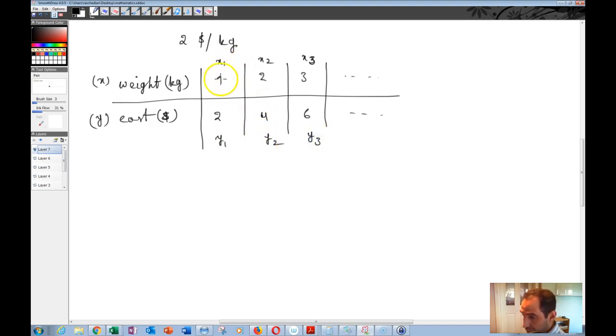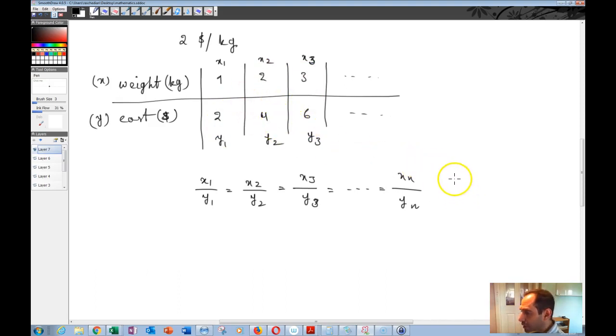Then we saw that x1 to y1 is equal to x2 to y2 is equal to x3 to y3, all the way up to xn to yn. These are all 1 by 2, 1 by 2, 1 by 2, and so on and so forth. So that's an example of direct proportion.